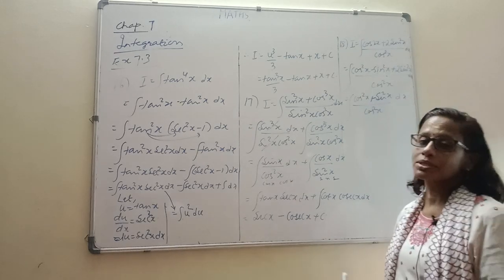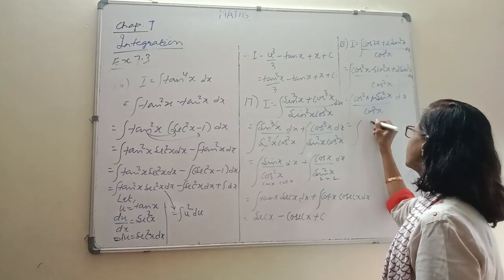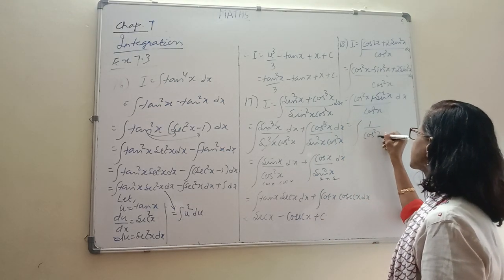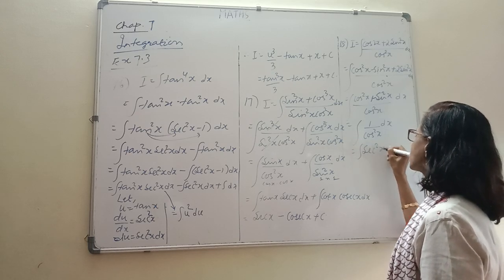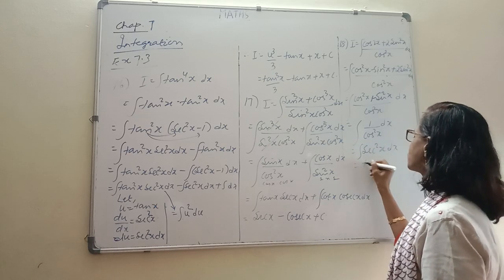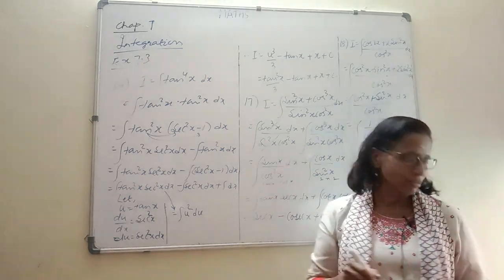Now sine squared x plus cos squared x is 1 because of the identity. So we are left with 1 over cos squared x dx. That is sec squared x for us. The integral of sec squared x, and we all know that it is tan x. So that's all for this problem.